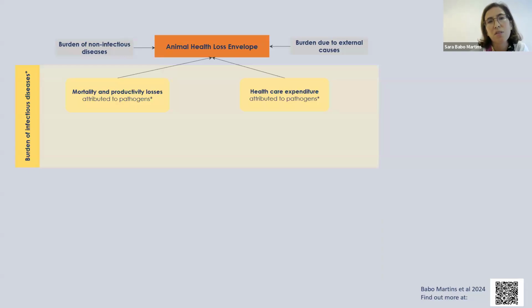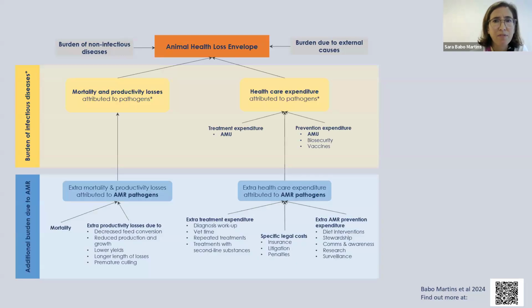Now, these can be losses because there's mortality, there's production losses, and there's healthcare expenditure there. And AMU starts to sit here every time we use antimicrobials to control a disease. We're already having a pathway for loss generated there. So AMR will sit within here by generating losses which are attributable directly to resistant pathogens.